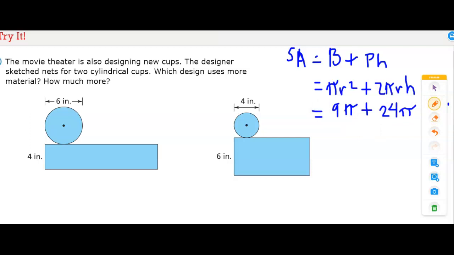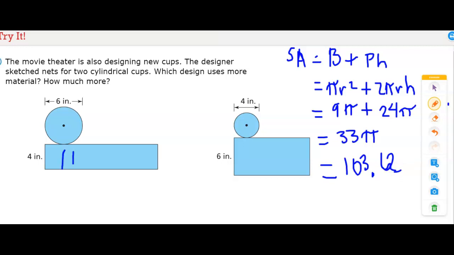And so now we have 9 plus 24, which is 33 pi. And so 33 pi, we multiply that together, 33 times 3.14, and you should get approximately 103.62 as the surface area of this one.